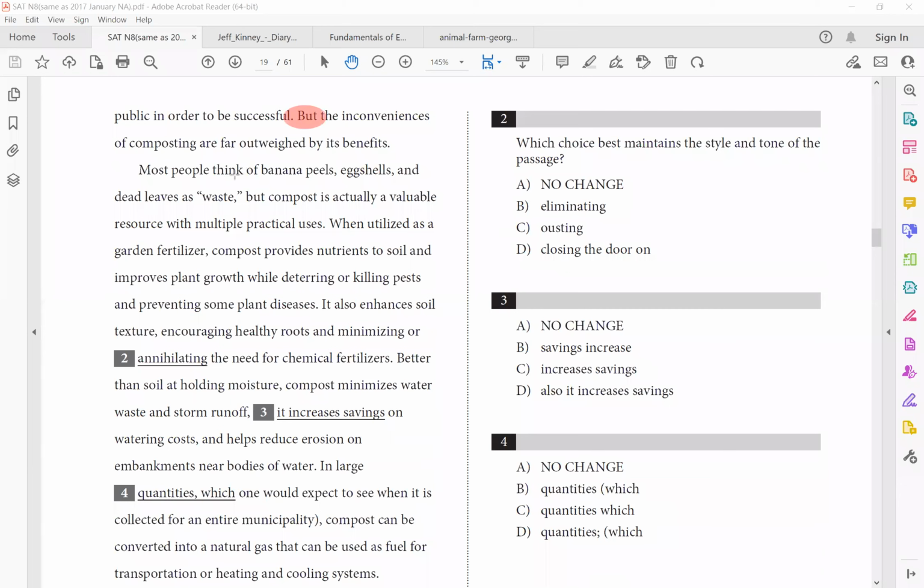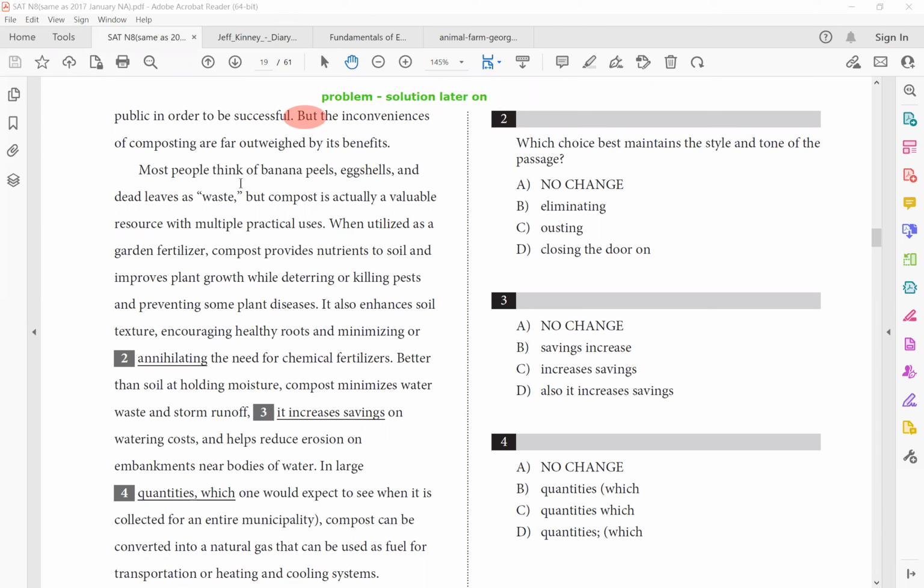But the inconveniences of composting are far outweighed by its benefits. So do you see how the title tells us he supports composting, but now he's saying it's so inconvenient. So we're looking at a problem. And whenever there's a problem, you should be prepared that there's going to be a juxtaposition of a solution later on.